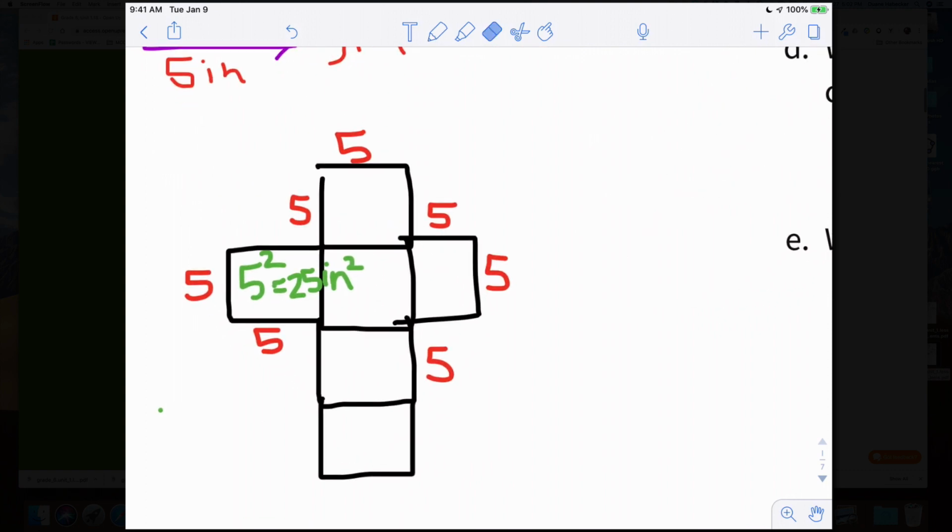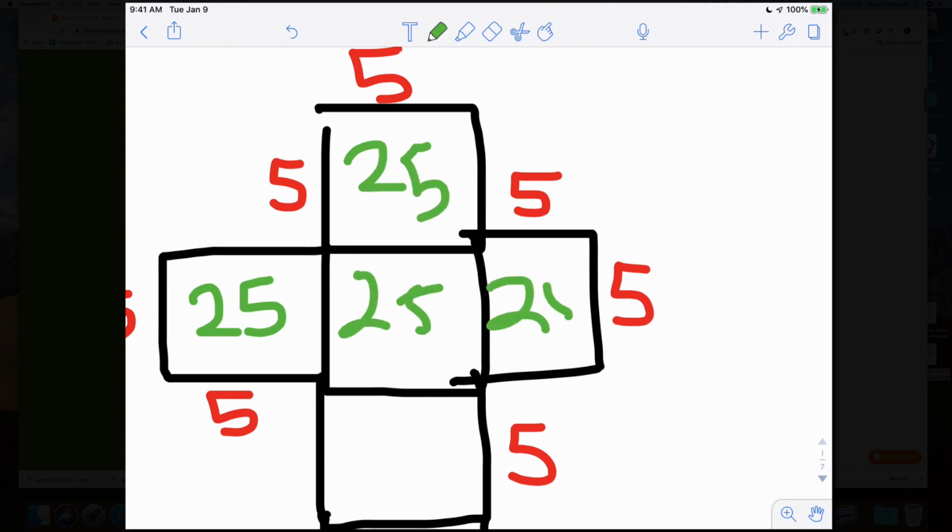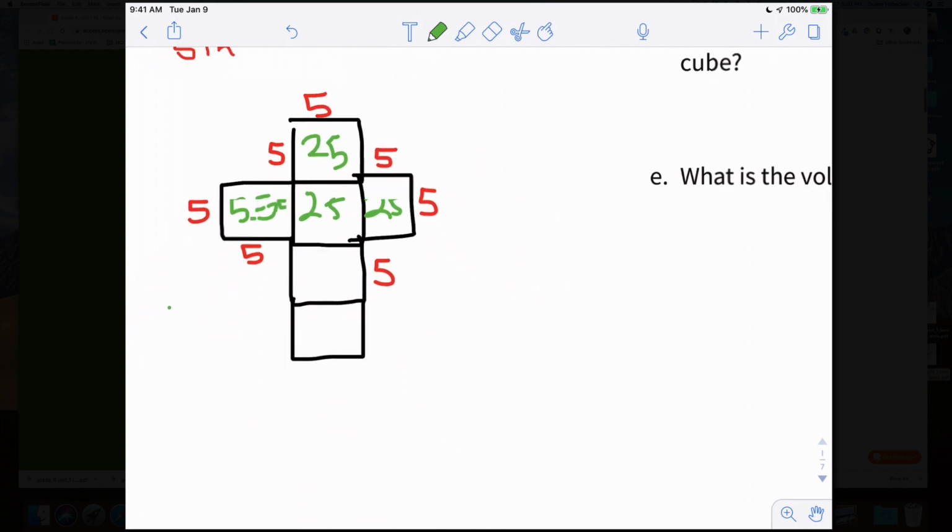Then it says, what is the surface area of this cube? Well, if each of these faces has an area of 25, that's 25, 25, 25, 25, 25, and 25. So a quick way to do that is 6 times 25, which is 150.